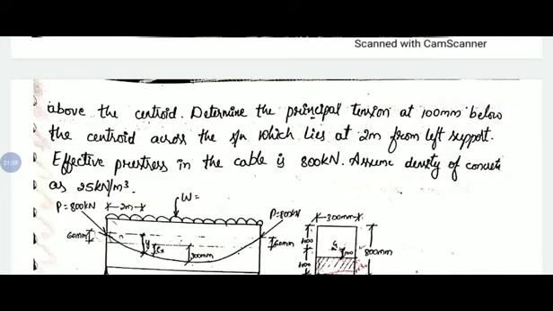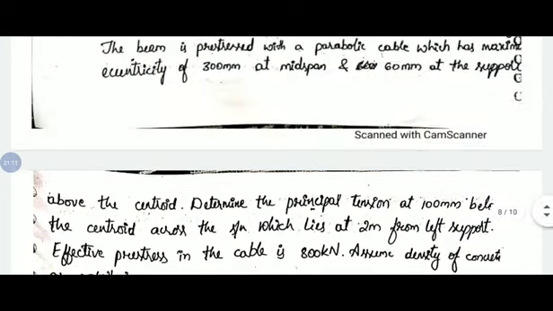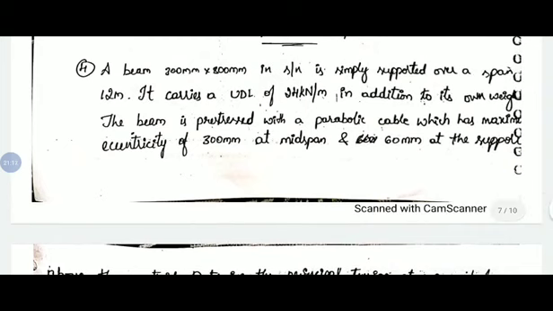See, here we have some different condition. So beam size is 300 by 800 and span of the beam is 12 meter. UDL of 24 kilonewton per meter in addition to its self weight. We need to find out self weight also. Cable profile is parabolic with eccentricity of 300 at midspan and 60 at support.